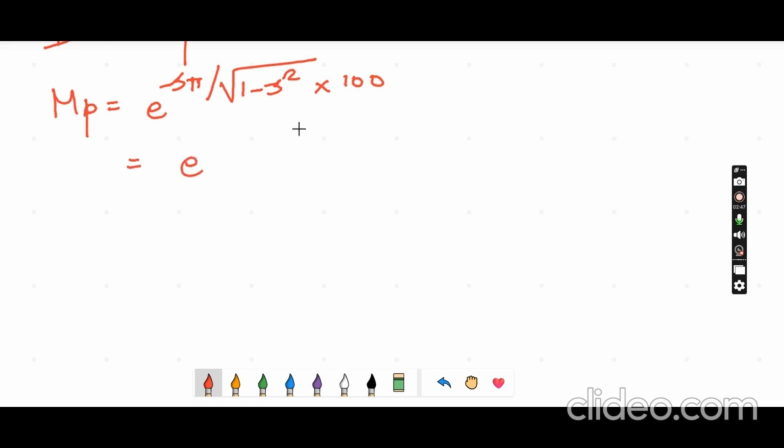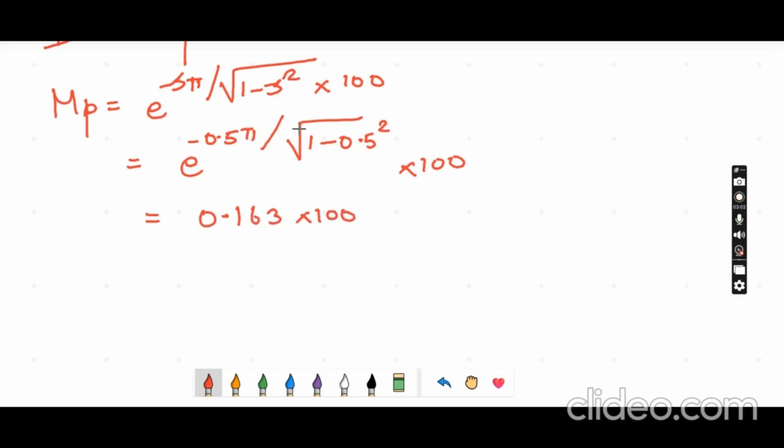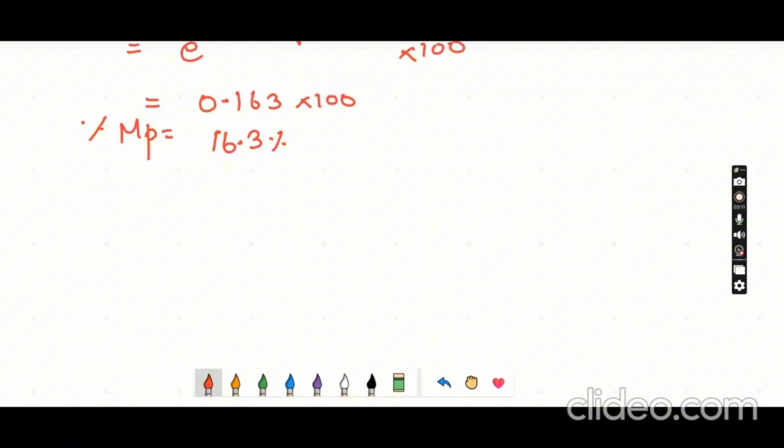We'll substitute the values, zeta is 0.5. So it is 0.163 multiplied by 100. So percentage of Mp is 16.3%. That is the maximum peak overshoot.